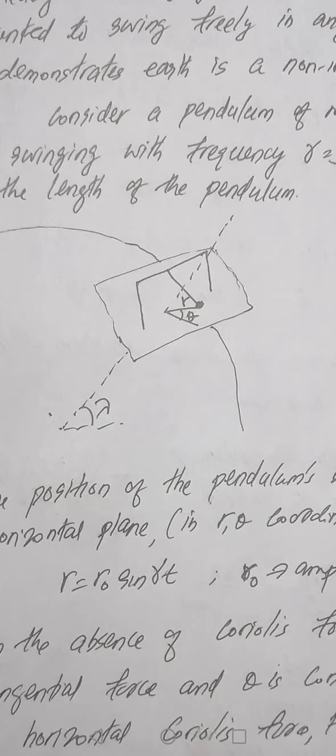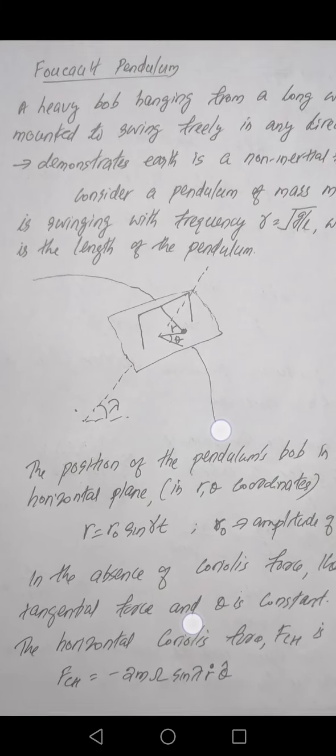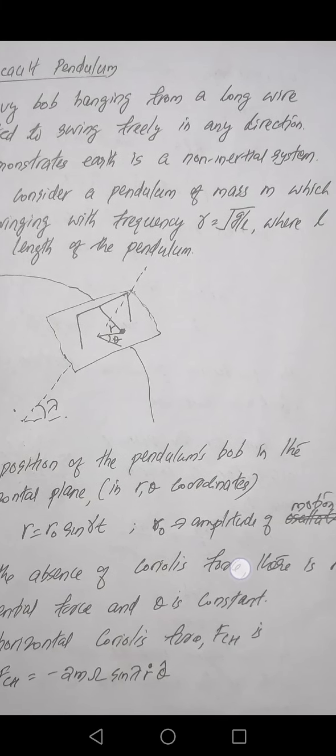So sine gamma t means it is an oscillatory motion, where gamma is the oscillating frequency, t is the time, and r0 is the amplitude of the motion.